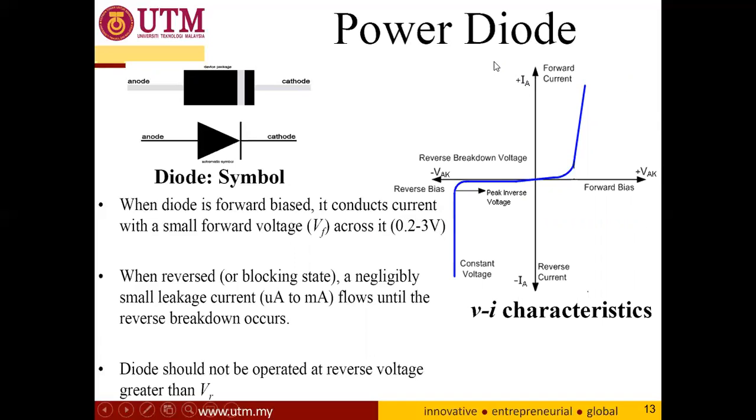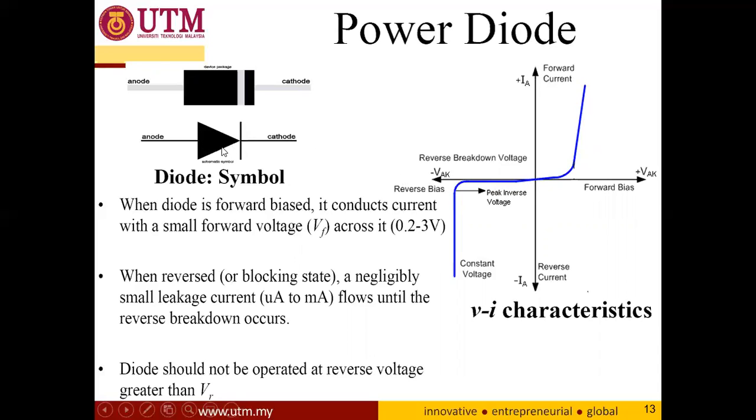So this is the IV curve, the current-voltage curve, of the diode. This is the condition where it is forward biased, and when it is forward biased, there is a voltage drop here, 0.2 to 3 volts, and the current will flow through. Then when it is reverse biased, in the blocking state, no current can flow.